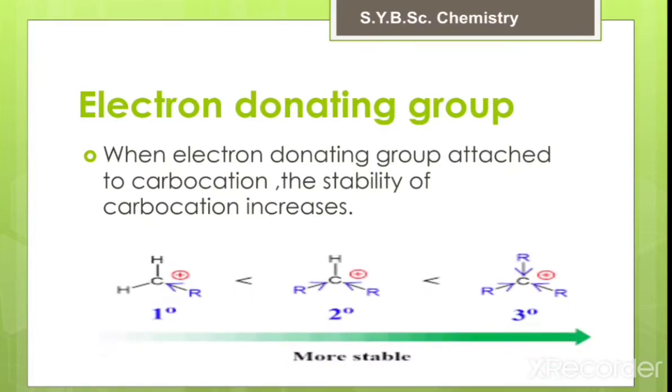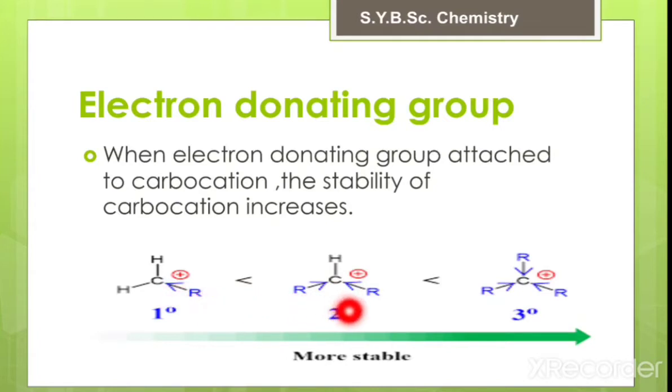Before going to the electron withdrawing group, we take one example here. This is a tertiary carbocation, this is a secondary carbocation, and this is primary. The tertiary carbocation is more stable as compared to the primary carbocation, because it has three alkyl groups, that means three electron donating groups. Therefore it is well stabilized as compared to secondary and primary.